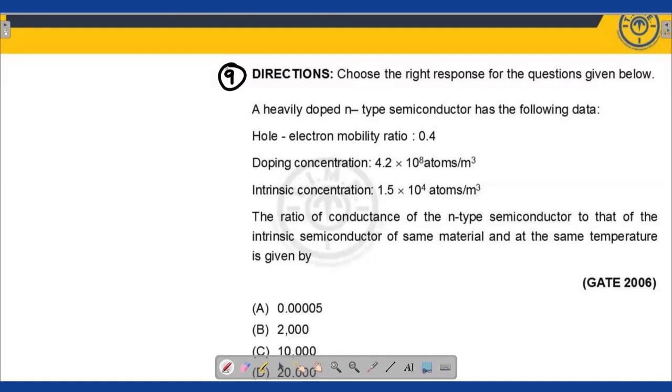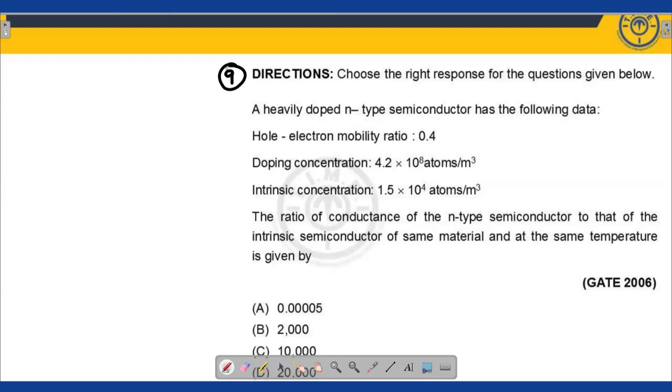Every time he has given the parameters, don't get confused, which is pretty important. First of all, we need to sense the question. First understand the question.